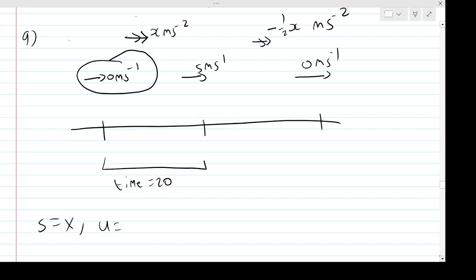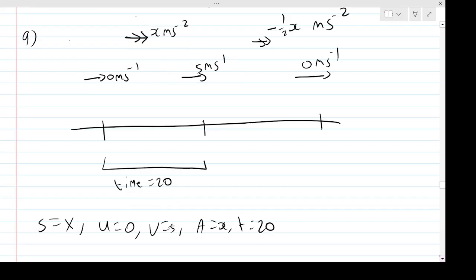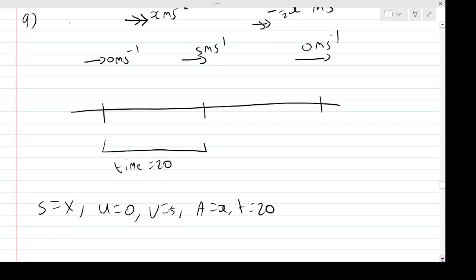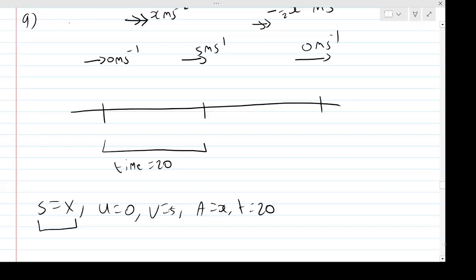The initial velocity u is 0, the final velocity v is 5, the acceleration a is x, and t is 20. So I actually have enough information to work out x, the acceleration. Again, I don't care about s, so I'm going to want to use the formula that doesn't have s in. So v is u plus at.